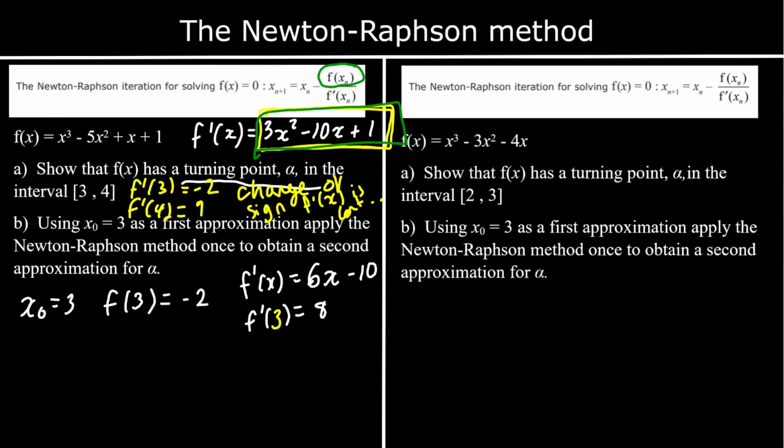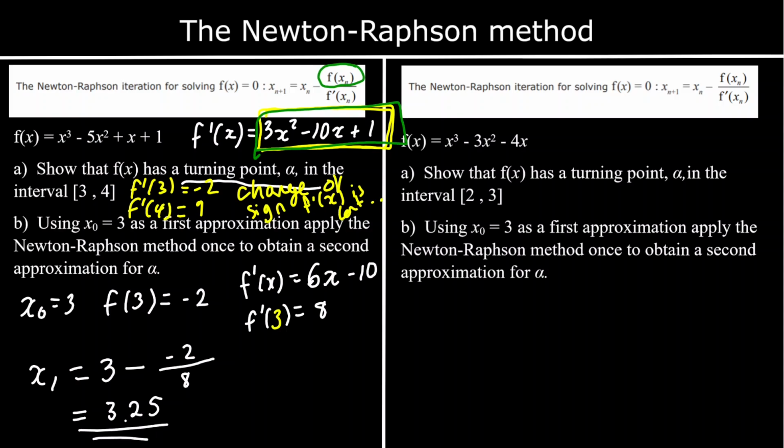So we have our second approximation is our first approximation, take away f of 3 over 3 into our gradient function. So it's 3 minus minus a quarter, which is 3 1/4.